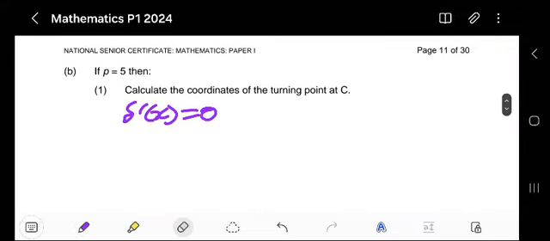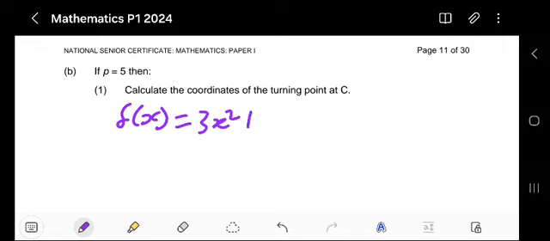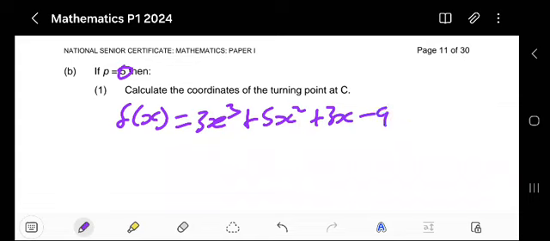But we've been given f of x when p is 5. We can rewrite the original one, x cubed plus 5x squared plus 3x minus 9, since p now will be 5.